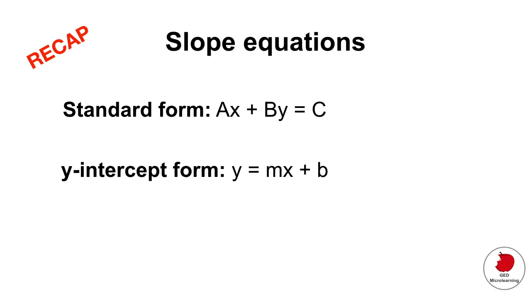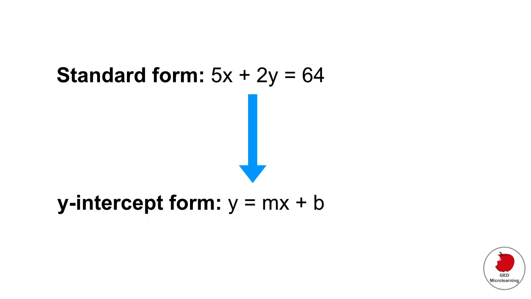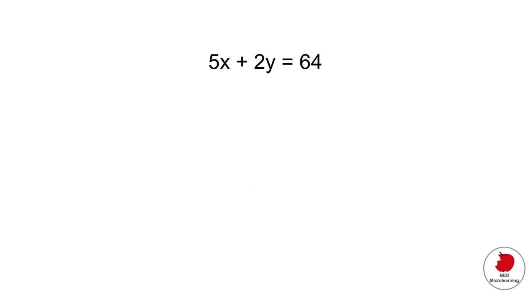So what we want to do in this question is change it from the standard form to the y-intercept form. Because if we have it in the y-intercept form and we know that the value for m is equal to the slope, then it's pretty straightforward. So we're going to take that equation and transform it into the y-intercept form.